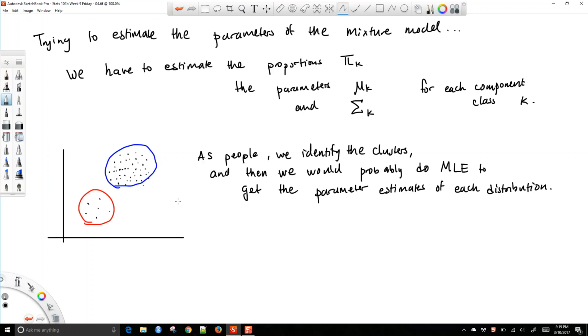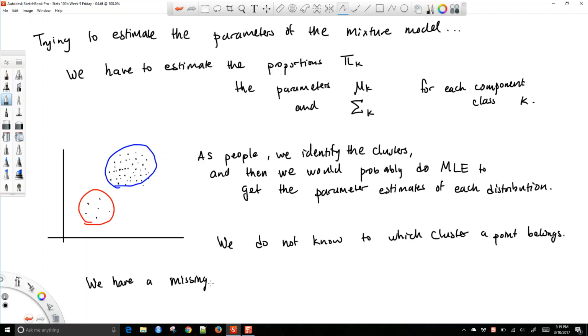But the problem is that we don't know to which cluster a point belongs, okay? So we have something called a missing variable, which we will call z sub n.